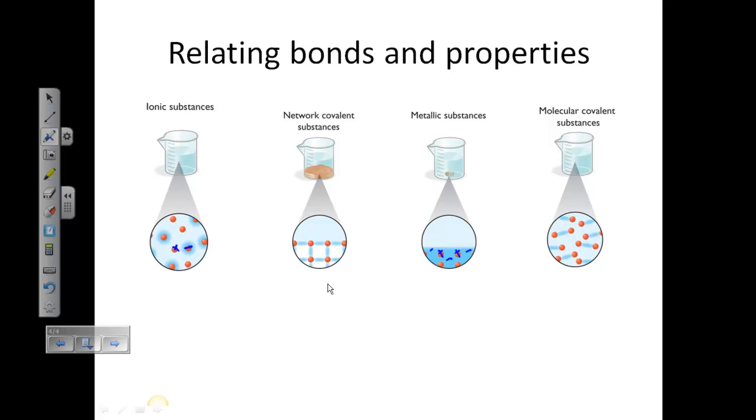However, in these two types, we have electrons that are stuck. They're stuck in place. They can't move. So we can therefore not have conductivity or moving of electrons. Another interesting thing is if you look at ionic solids.